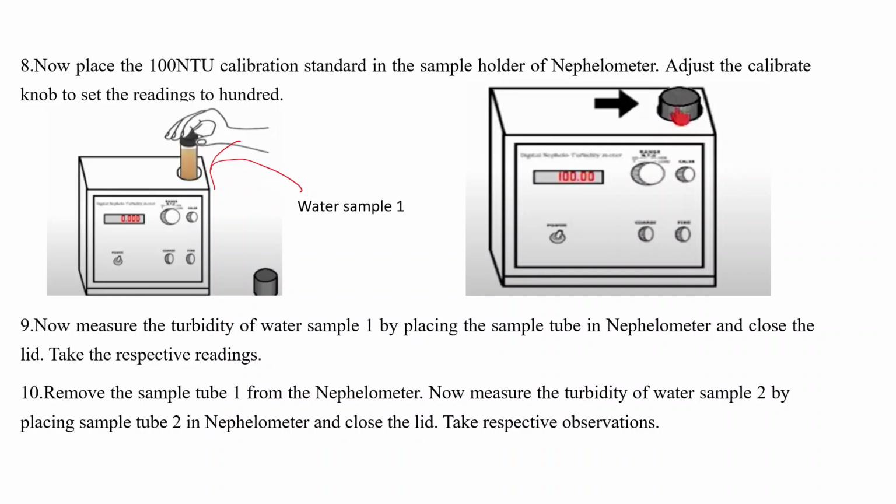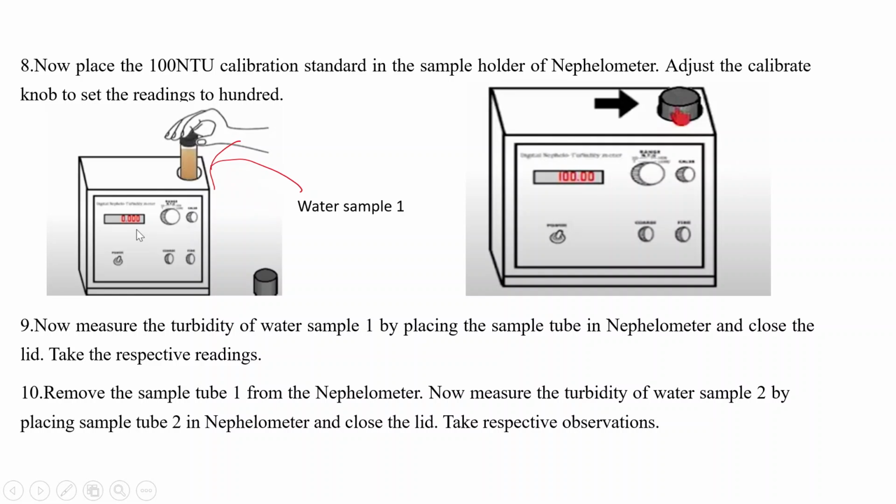Next, place the 100 NTU calibration standard in the sample holder of the nephelometer. Adjust the calibrate knob to set the reading to 100. Now measure the turbidity of water sample 1 by placing the sample tube in the nephelometer, close the lid, and take the readings.